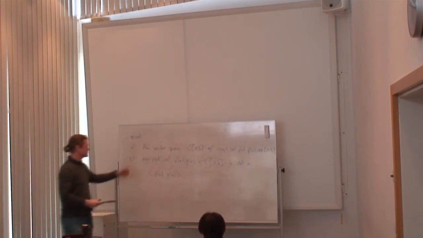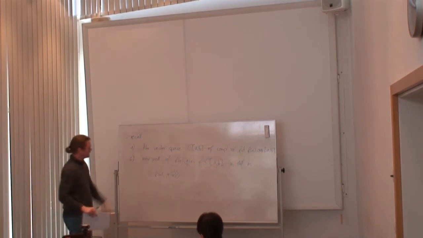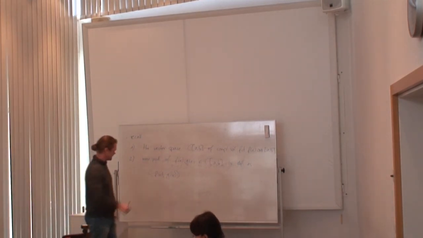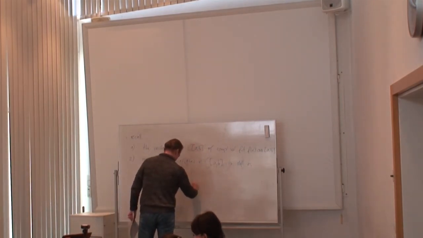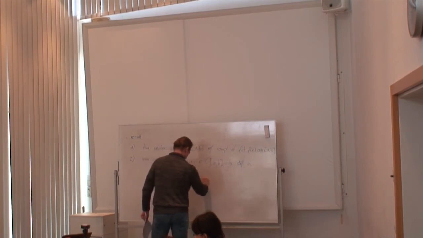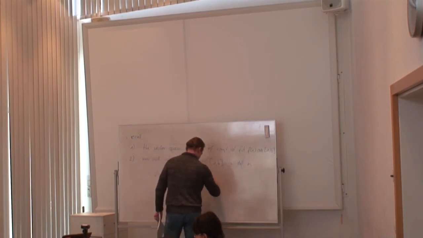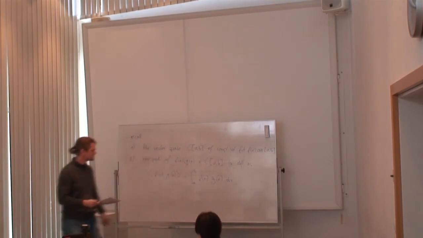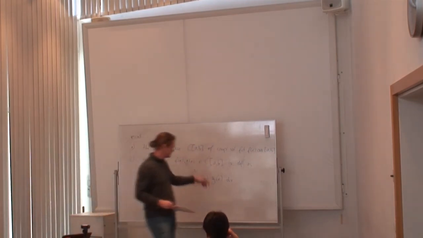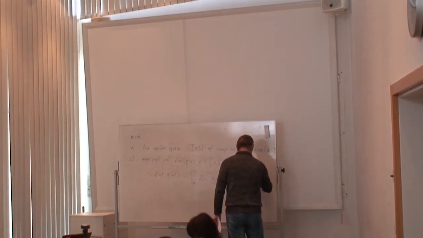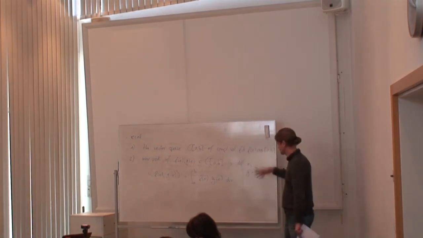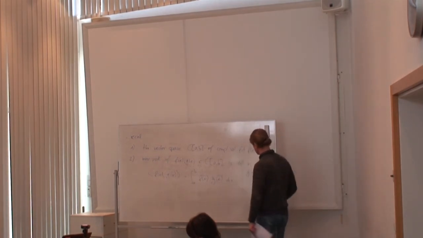This is just to say that we want to multiply them in the sense of an inner product, and I said that this expression is defined as the integral from a to b f of x times g bar of x dx. Last time we saw this, it was called g star, so g bar is the same as g star. Using bars from now on is just a different way of writing it.